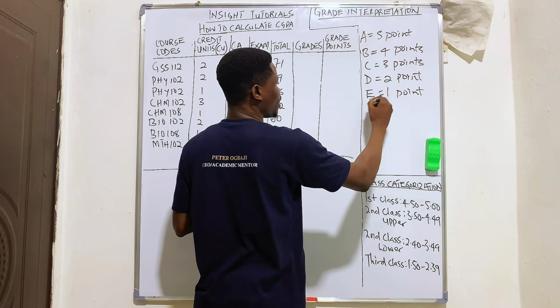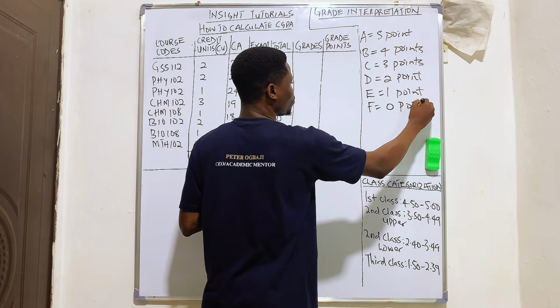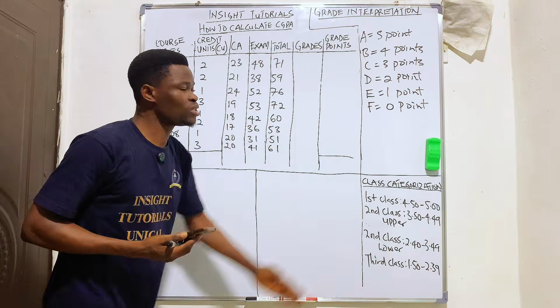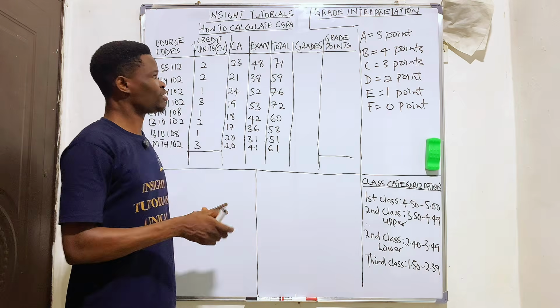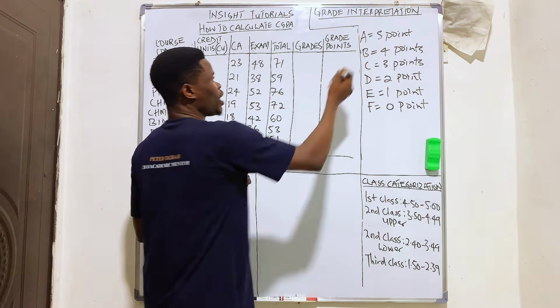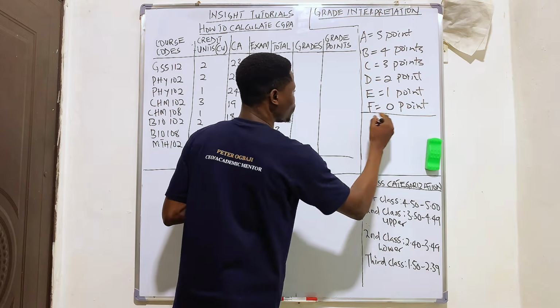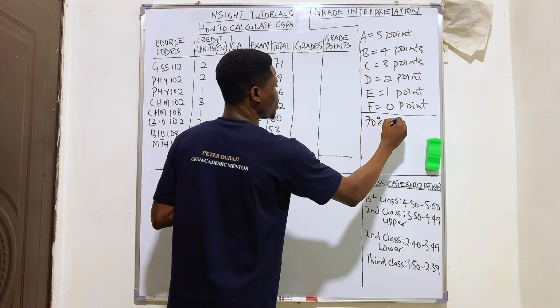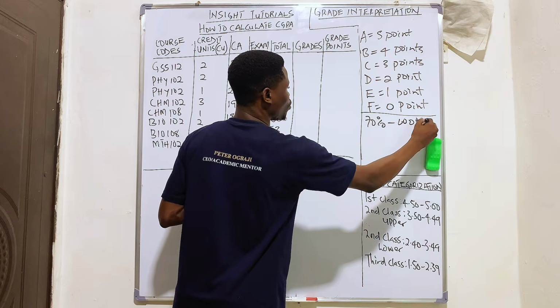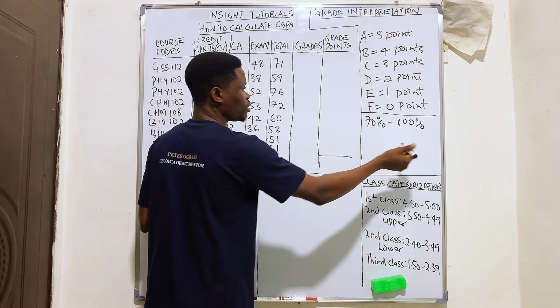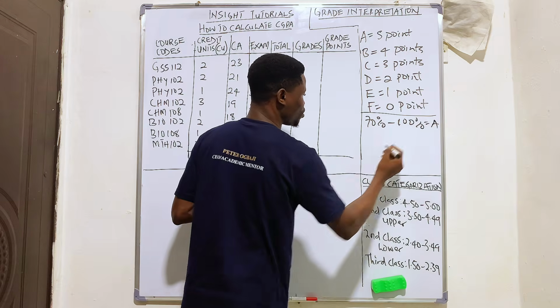And if you have an F grade, you have 0 points. Now, from where will you get an A? In the Unica setting, in most universities, if you have 70% to 100%, you have an A.